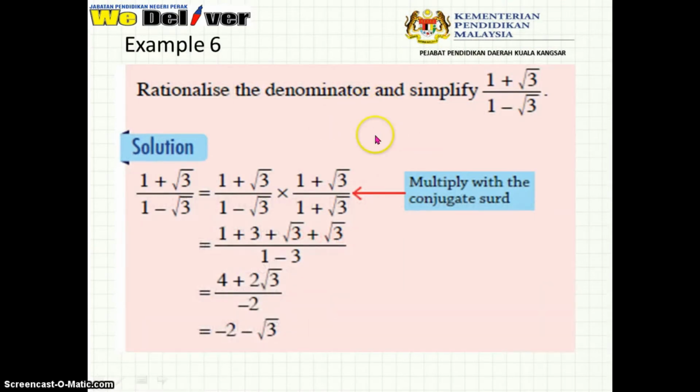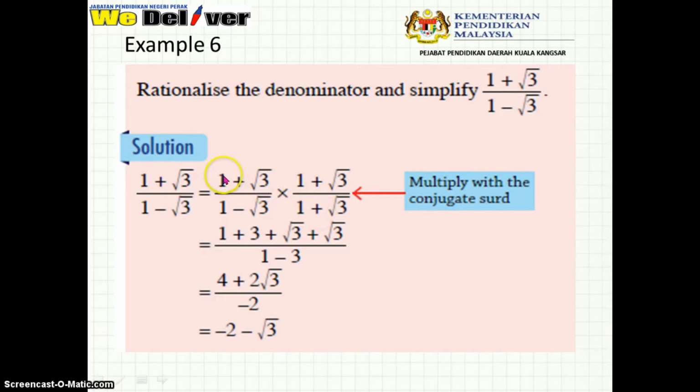Okay, let's see the example: how to simplify 1 plus square root 3 over 1 minus square root 3. The denominator has the surd 1 minus square root 3, so we multiply by the conjugate 1 plus square root 3 for both numerator and denominator.